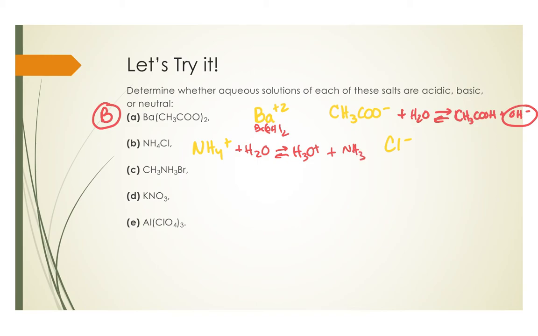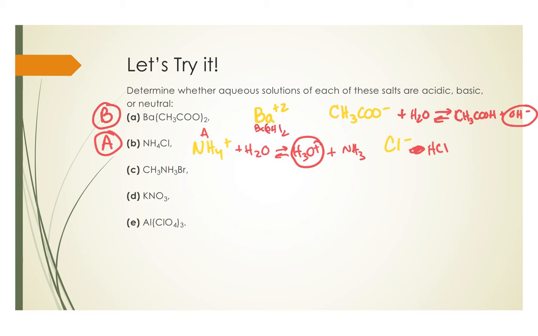Okay, so as a result of that, we are getting H3O plus, we're getting acid ions being made. And so we know that this is going to make it more acidic. Chloride, its conjugate acid is HCl, which is a strong acid. So that means it will have no effect. So overall, this one becomes an acid.